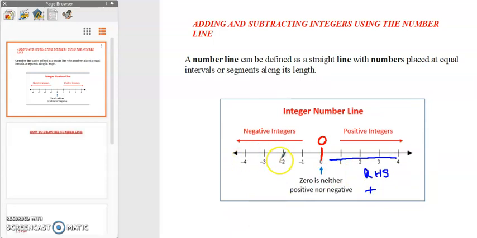And if you look to the left hand side of 0, there are negative numbers: negative 1, negative 2, negative 3, negative 4. So I want you to pay close attention to the different variations of number on the number line.